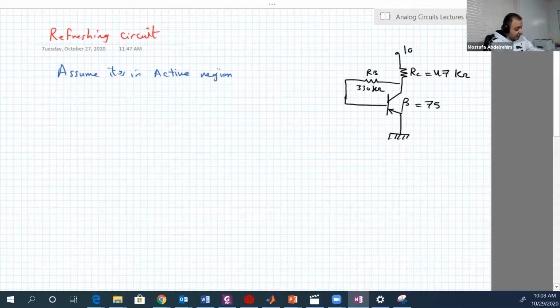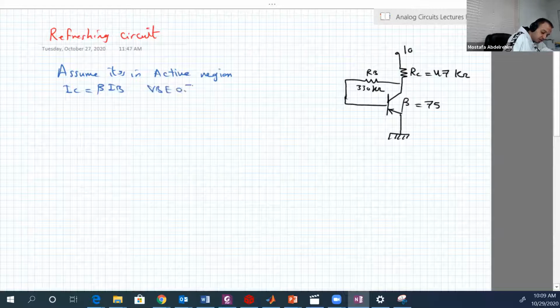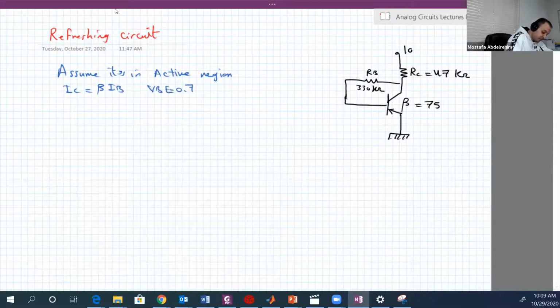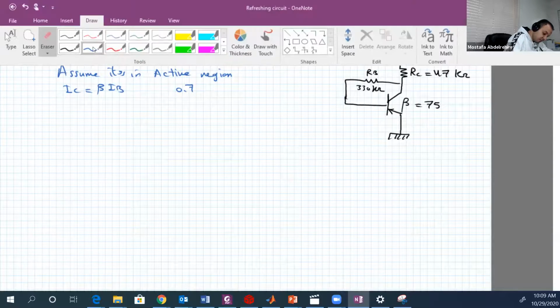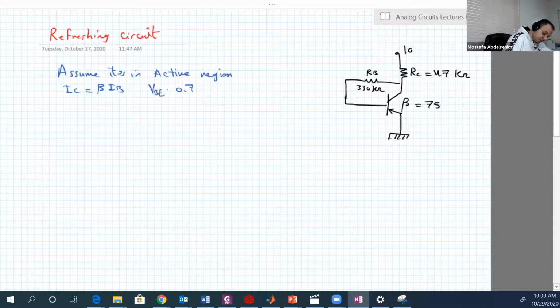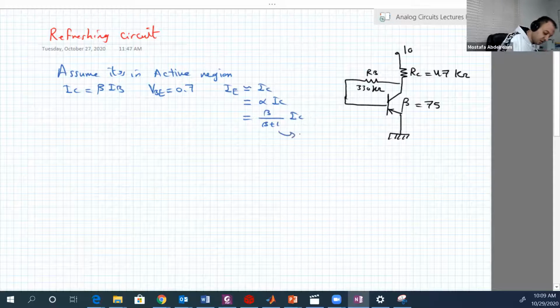And again, when the transistor is in active region, then IC is equal to beta IB, VBE is equal to 0.7, and IE is approximately equal to IC, or you can say it's equal to alpha IC, and alpha is just beta over beta plus 1, which is around 99% most of the time.